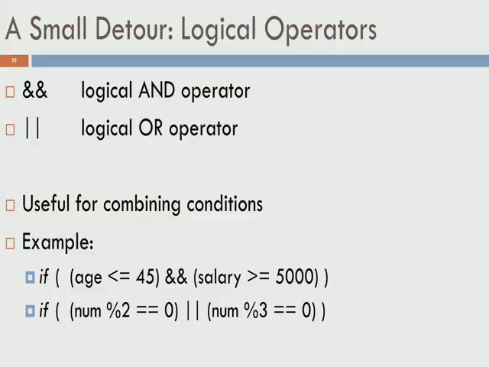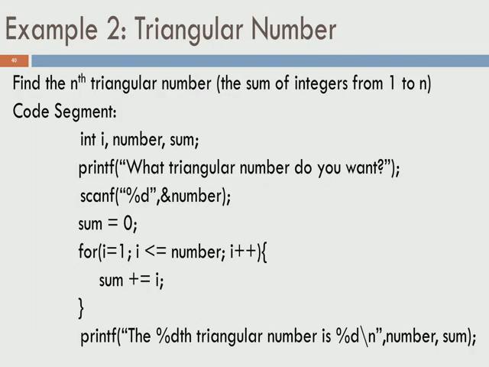For example, if I want to see if a number is a multiple of 2 or a multiple of 3, then I could use this condition: num percentage 2 equals 0 checks whether it is a multiple of 2, num percentage 3 equal to 0 checks whether the number is a multiple of 3, and by sticking in this OR operator in between, I am checking if a number is either a multiple of 2 or a multiple of 3. So this is a very useful thing, and we may use it in the next few lectures.